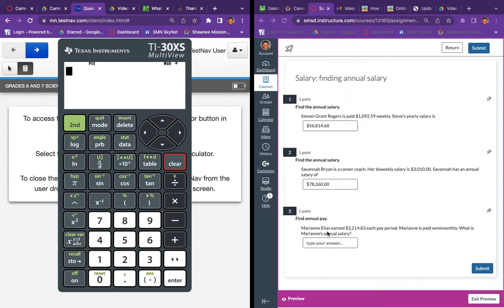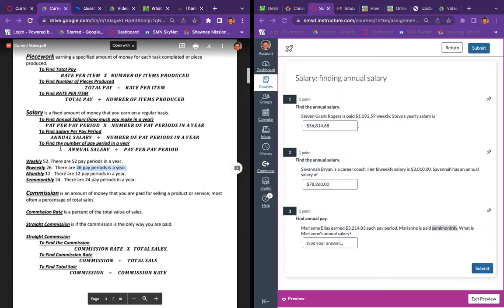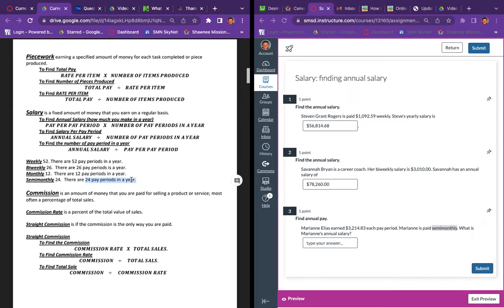Marianne Ellis earns $3,214.83 each pay period. That is how much she earns every pay period. Marianne is paid semi-monthly. So we're going to go back here. Semi-monthly is twice a month, so there are 24 semi-months in a year.